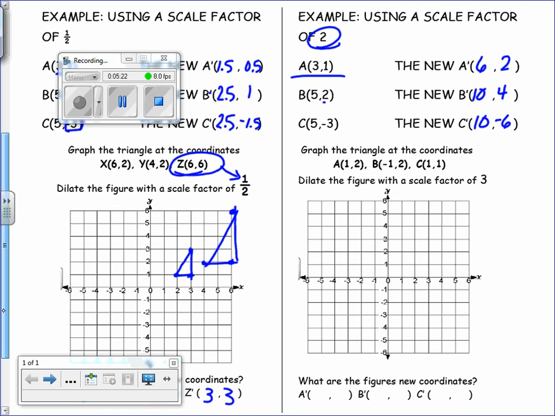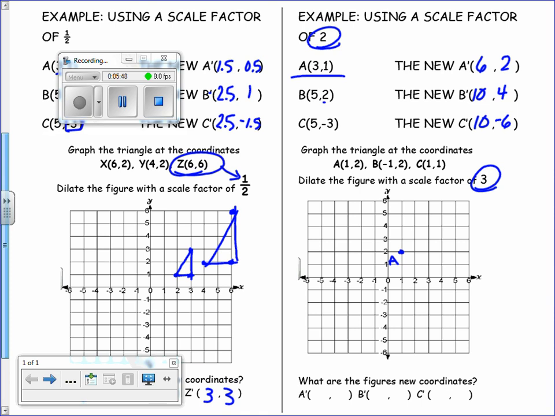So let's go ahead and look over here. I have A, B, C, over 1 up 2. I'm going to label that A. I didn't do it before because I just wanted you to see how it was happening, but let's go ahead and take this to the next level. All right, what we're going to do is label A, B, C, and when we dilate them by a scale factor of 3, we'll label A prime, B prime, C prime.